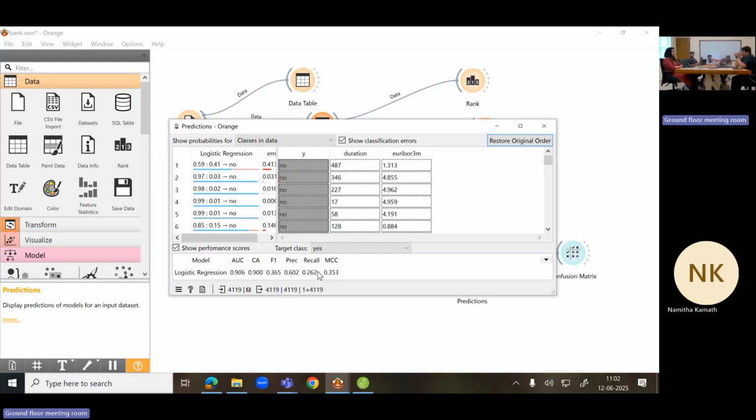Now, what does hyper tuning mean? Hyper tuning means that I can't do anything much to the model, but I can decide on the way the classification happens.